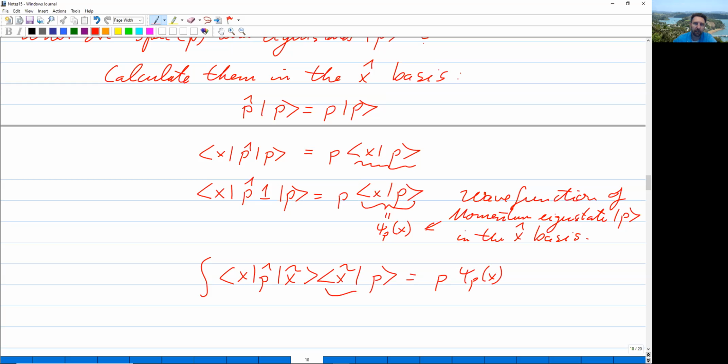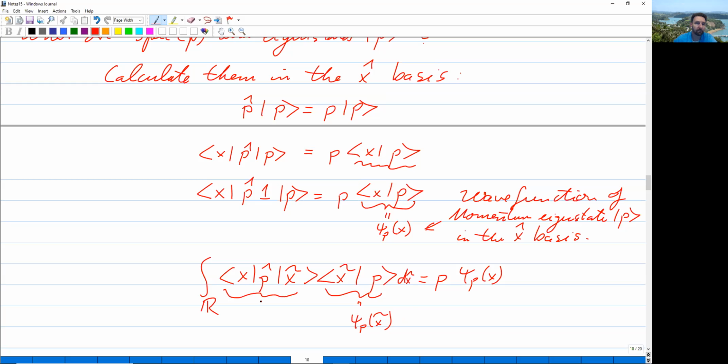And here we recognize, aha, this is equal to psi p of x tilde. And what is this? Oh, there's a dx. So let me clean this up. We have a dx tilde, like this.